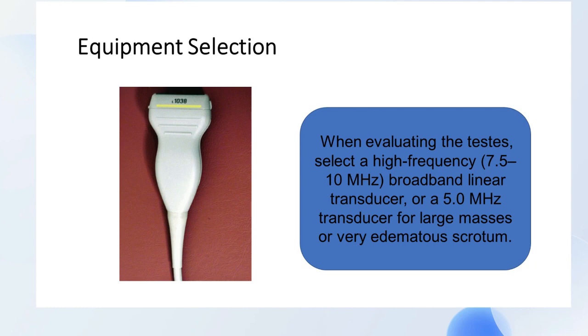The higher the frequency, the higher the attenuation of the beam, meaning that you can't penetrate deeper structures. So if we have other pathologies like hydrocele, or bigger masses in the scrotum, you will not make much of the scrotum. So you have to revert back to a curvilinear probe.